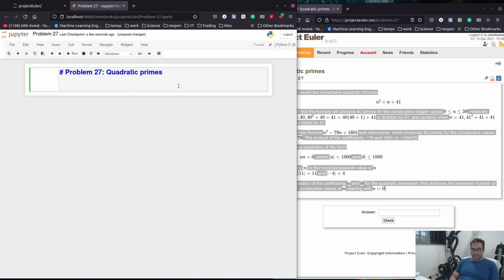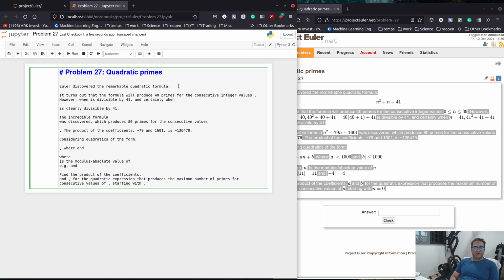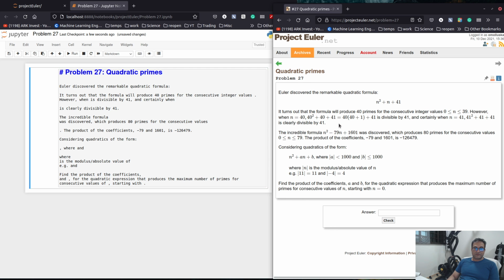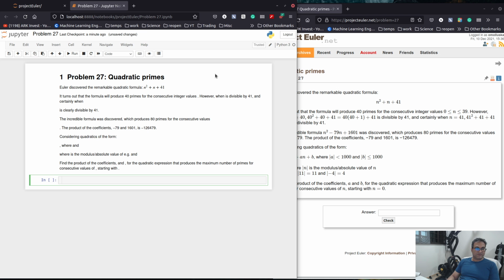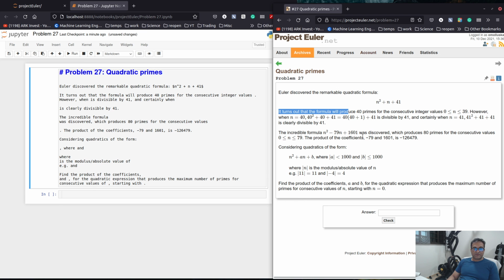Most of the things are images, so we aren't going to be able to copy it very well. Okay, so let's just put this in. So this is n squared plus n plus 41. So that's the first formula. The next formula is values.